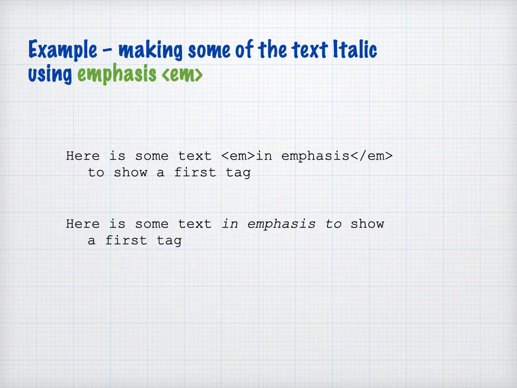And what that's going to do is wrap up some words, and the formatting style is going to be applied to everything that occurs between that starting tag and that closing tag. And you can see that in the second paragraph there, where it says here's some text, and the words in emphasis are displayed in italics. So if we brought that up inside a web browser, that's exactly how it would be presented.